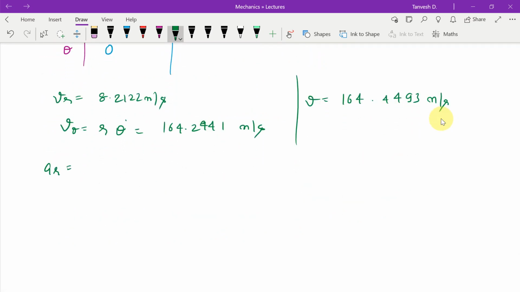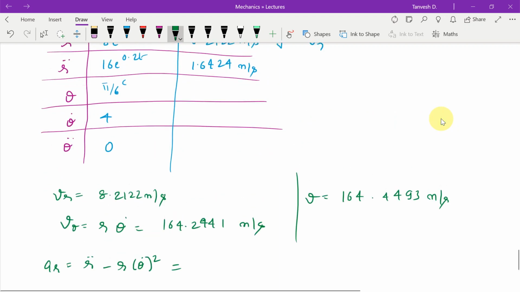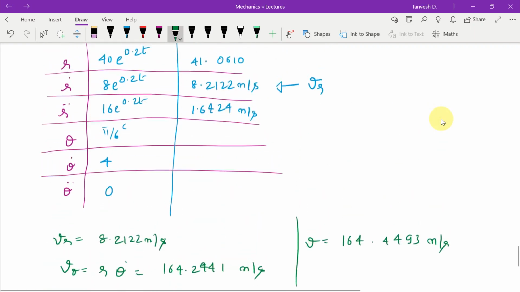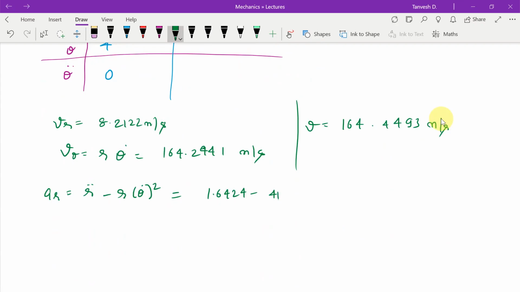AR will be equal to r double dot minus r theta dot squared, which is 1.6424 minus 41.0610 into 4 squared, because theta dot is 4, so this is equal to minus 655.334 meters per second squared.